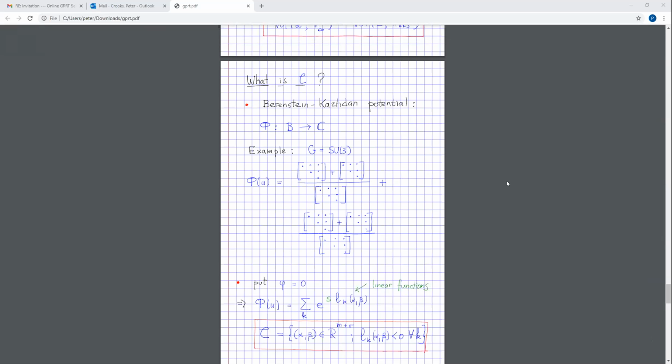The first one would be to the left, so this would be U12. And the second one would be one step down from the upper right corner, this would be U23. Sorry for spelling it this way. So this is U12 plus U23 divided by U13.